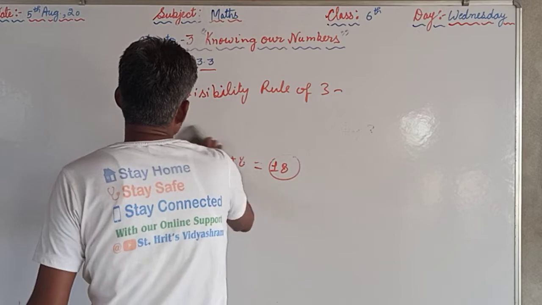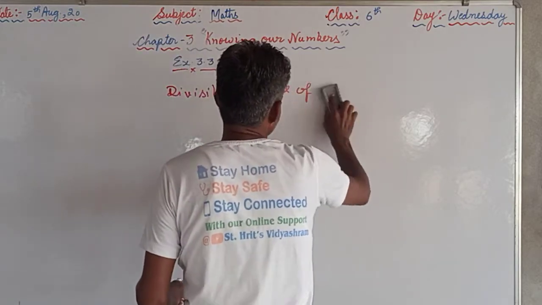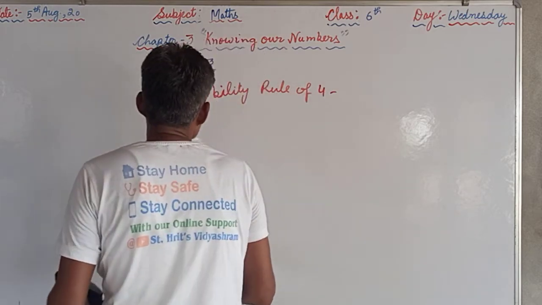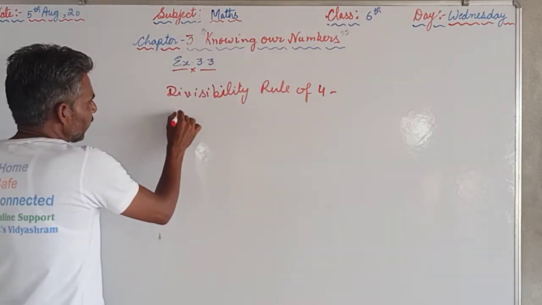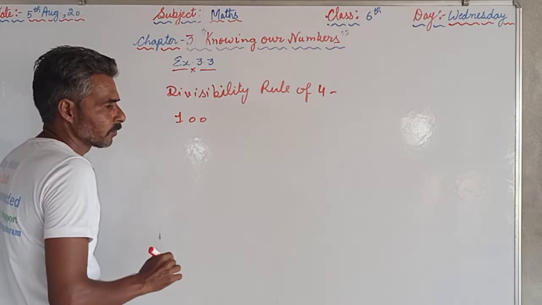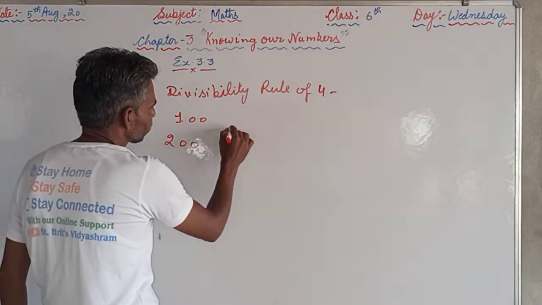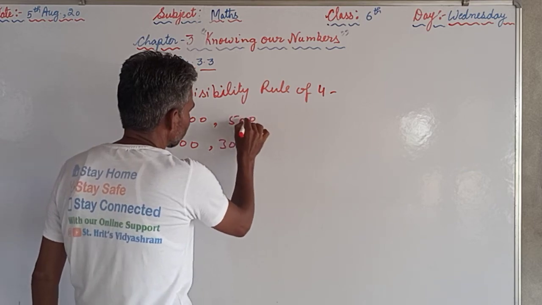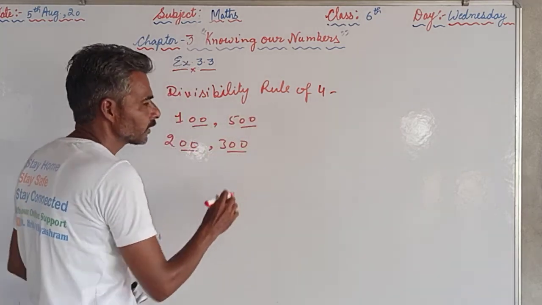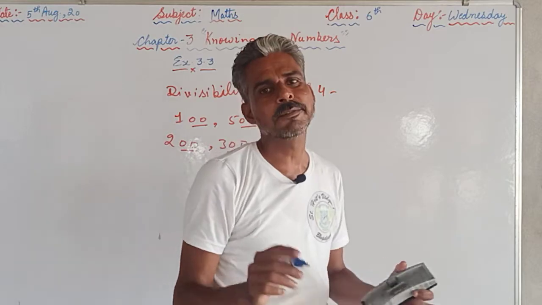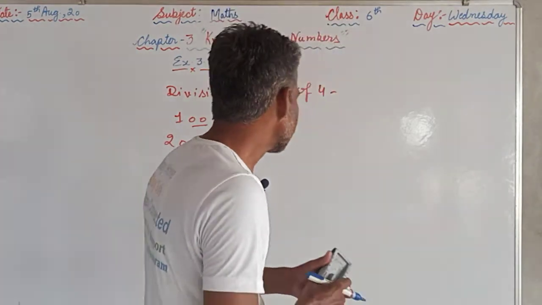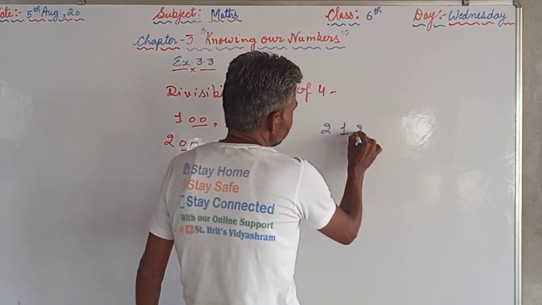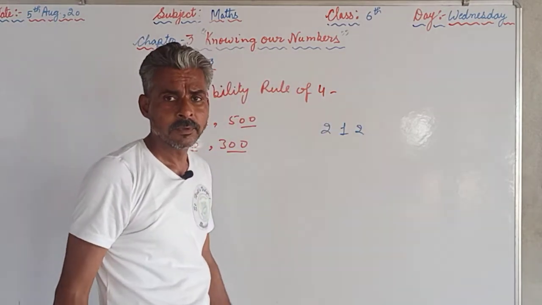Now for 4, the divisibility rule of 4. First of all, if any number ends with 2 zeros, then the numbers ending with 2 zeros are divisible by 4. That is one thing. Second thing, suppose 212, whether it is divisible by 4, we will check.